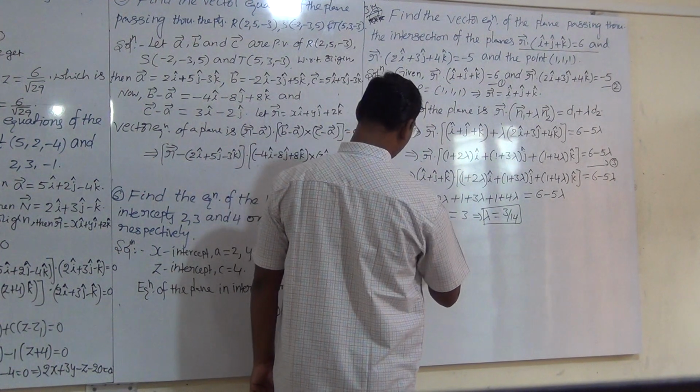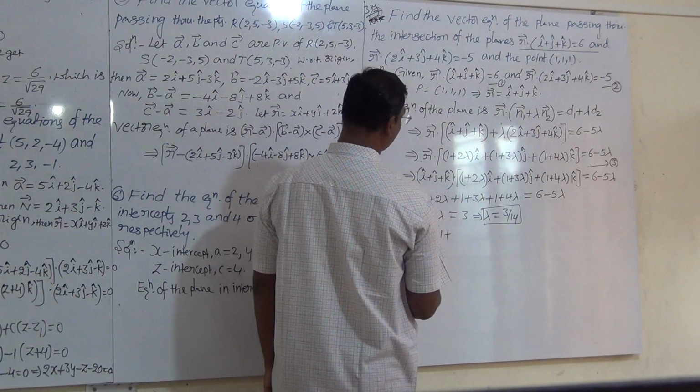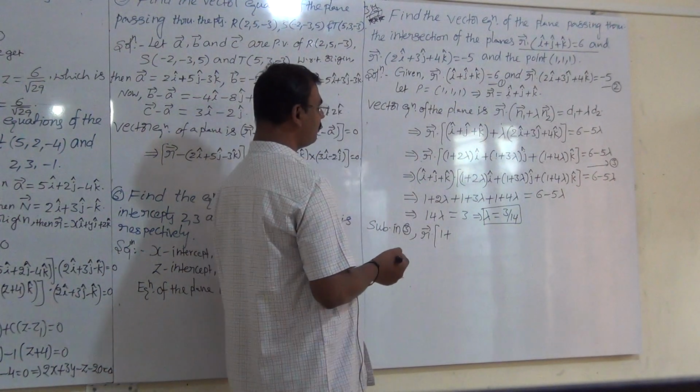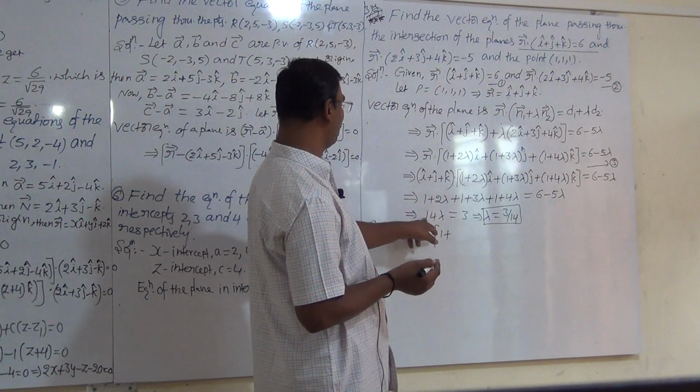Now it becomes r bar dot (1 plus, substituting here 3 divided by 14). Clear this one?